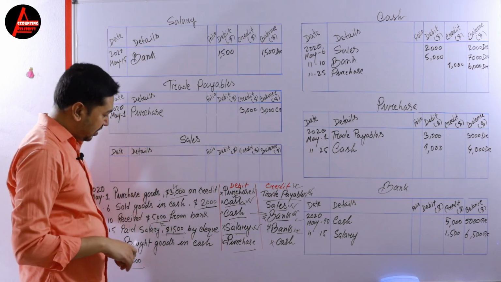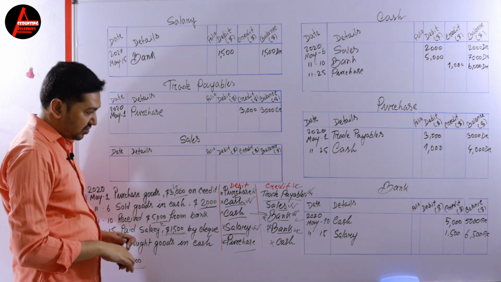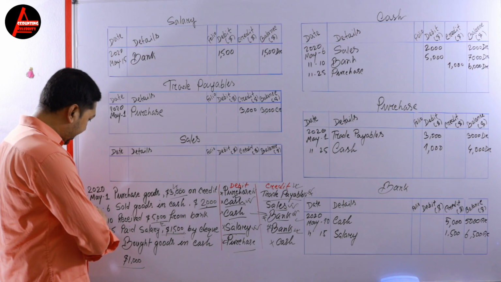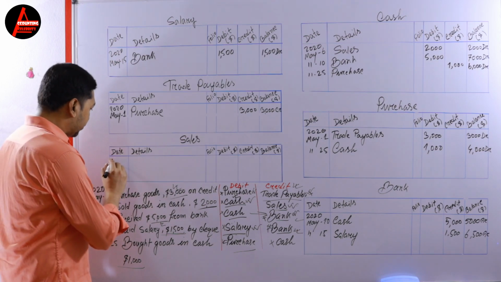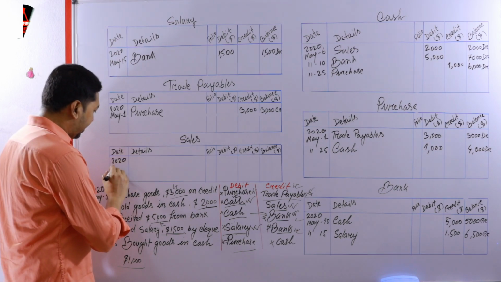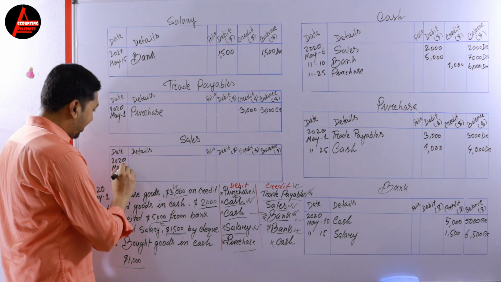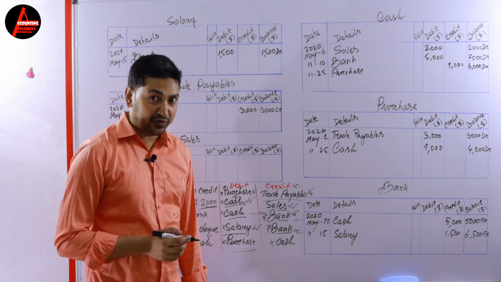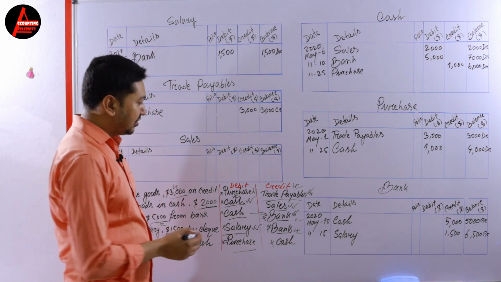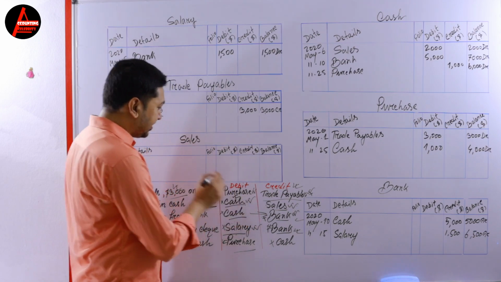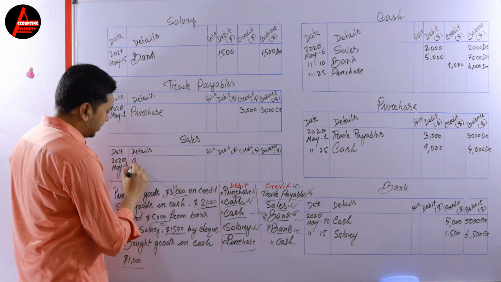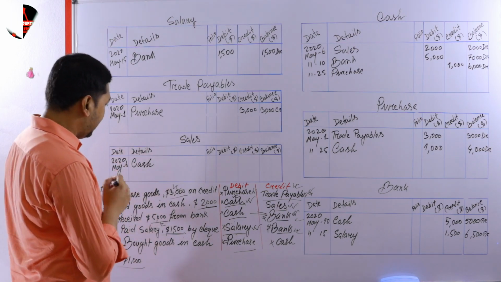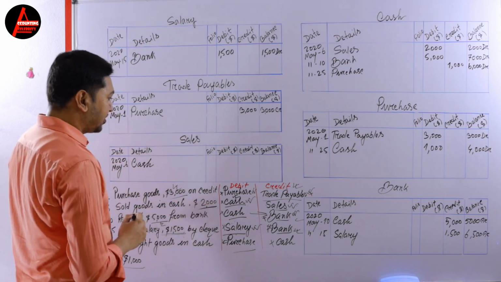What is next? Okay, last one is the sales account. Look at sales. Yes, we have sales here on May 6, 2020. So what to write? You have to write the opposite account. With sales, the opposite account is here cash. How much value? Your value is $2,000.